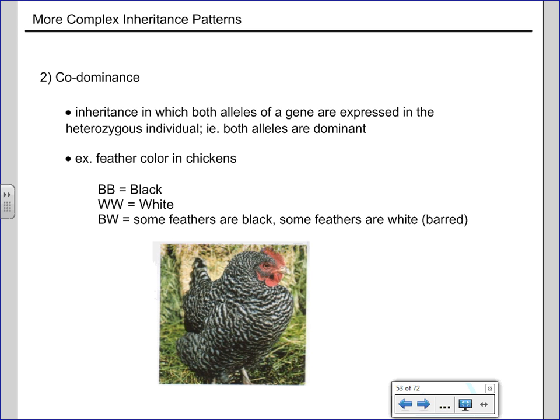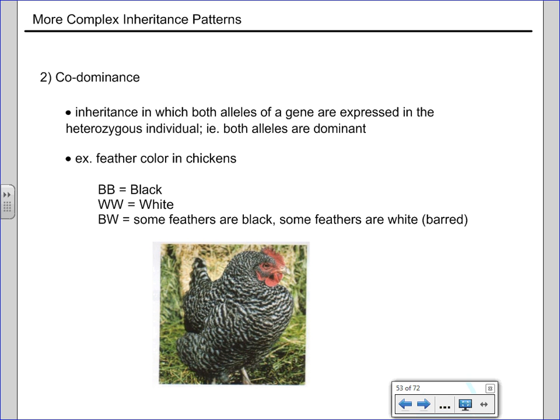The second, more complex inheritance pattern is called codominance. This is where both alleles of a gene are expressed in the heterozygous individual. Okay, so both alleles are dominant alleles. If both of them appear, then they will show both features.